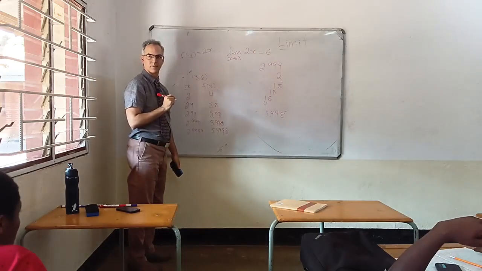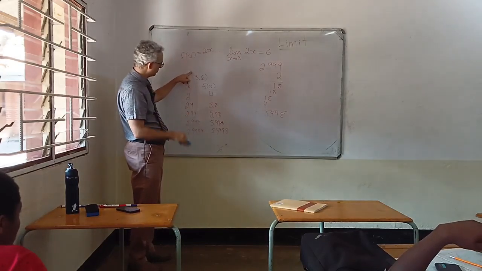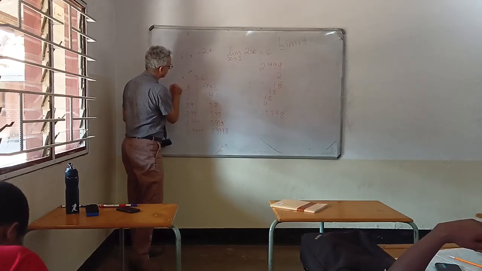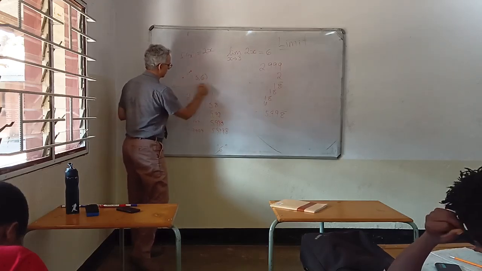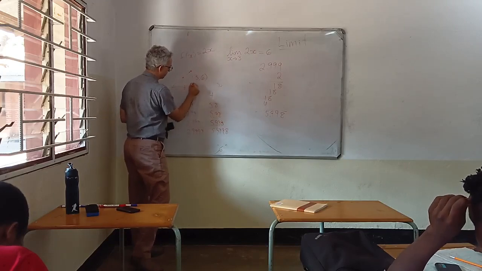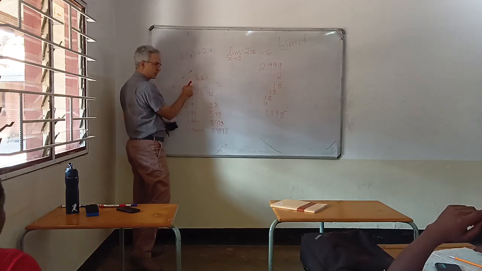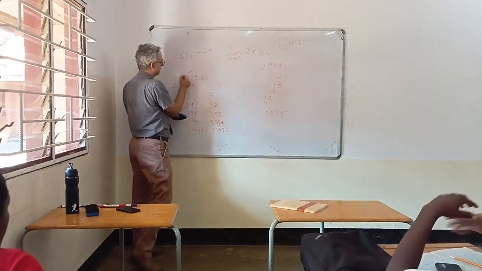Yeah? So in your mind, you're thinking, if I'm moving closer and closer to this point, so the x, this is the x-axis. So x is 2, x is 3. I'm getting closer and closer to 3. I don't want to reach 3, but I want to get as close as I can get.